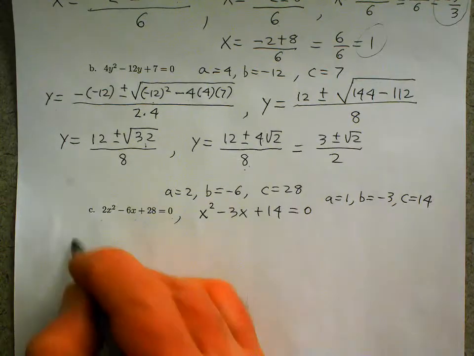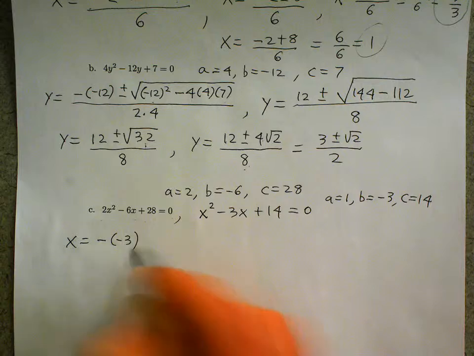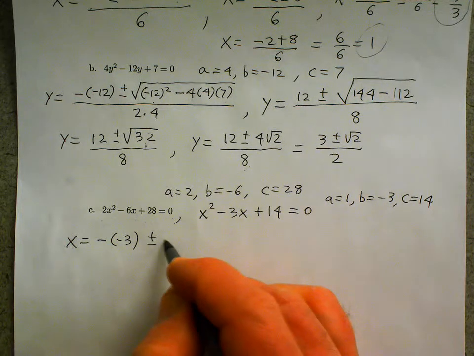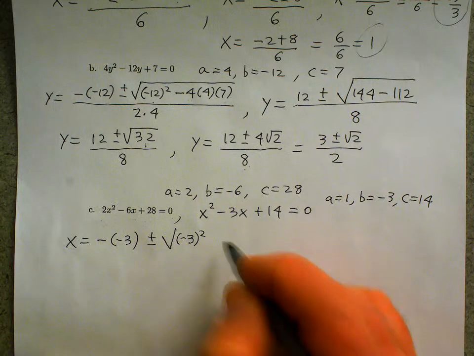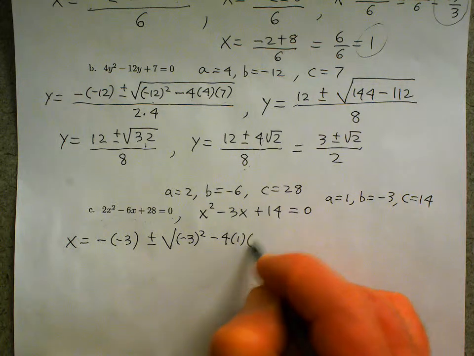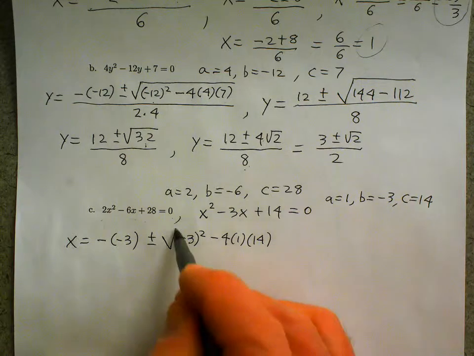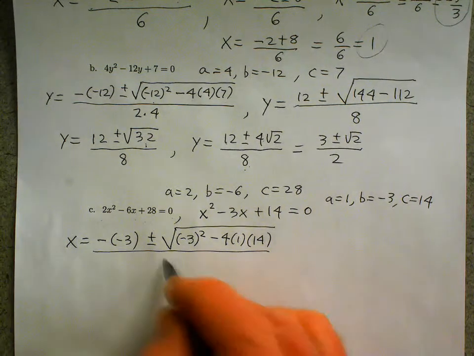Okay, so x equals the negative of negative 3 plus and minus the square root of the number negative 3 squared minus 4 times 1 times 14, all divided by 2 times 1.